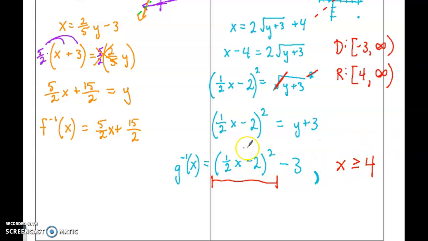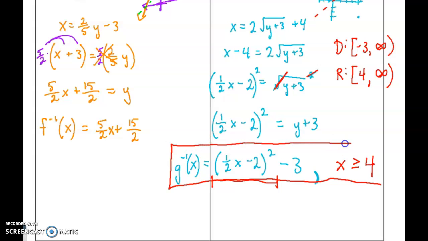And that makes this piece positive, because half of 4 is 2, minus 2 is 0, squared is, well, I should say non-negative. But you have to state this, otherwise your inverse fails the horizontal line test. And I know that's weird, I get it.